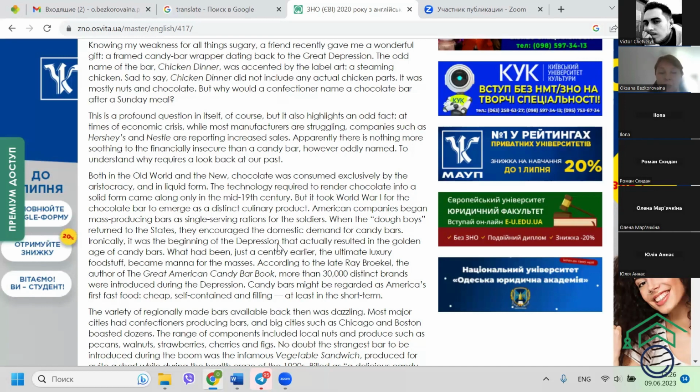Ironically, it was the beginning of the Depression that actually resulted in the golden age of candy bars. What had been just a century earlier the ultimate luxury foodstuff became manna for the masses, according to the late Ray Broekel, the author of The Great American Candy Bar.